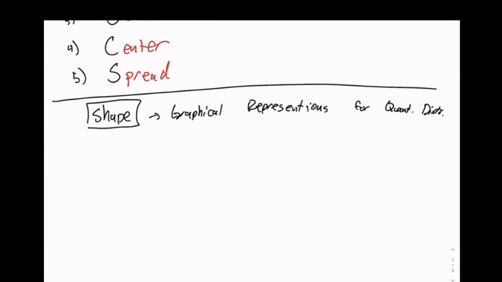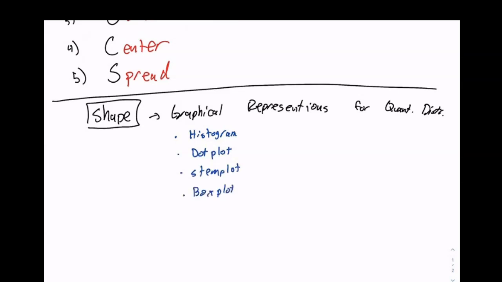So there are histograms. There's a histogram that we can draw. There's a dot plot, a stem plot, and a box plot.